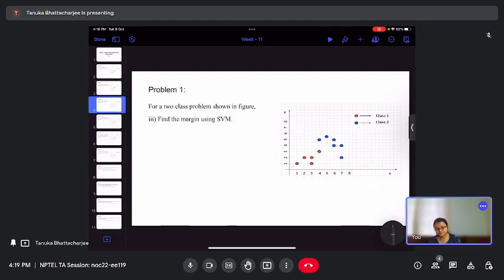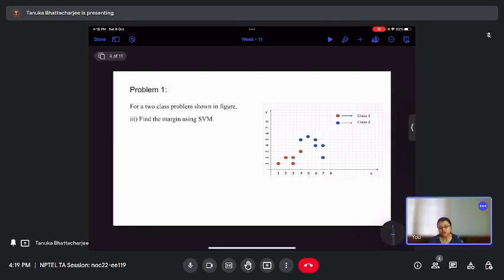Now the next question that arises is, find the margin using SVM. So, in case of SVM, what is the margin? Margin is basically the distance of the support vectors, any of the support vectors, from the decision surface. You are actually maximizing this margin in case of SVM, when you are trying to determine the decision boundary.